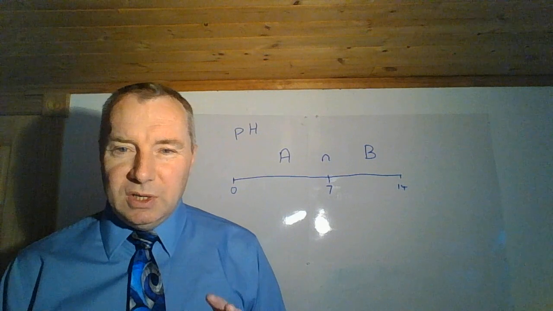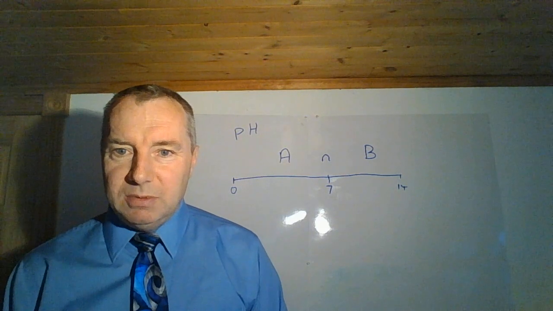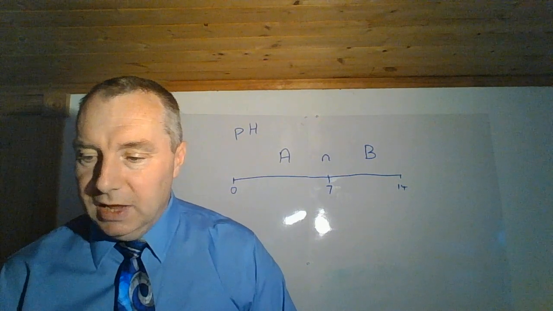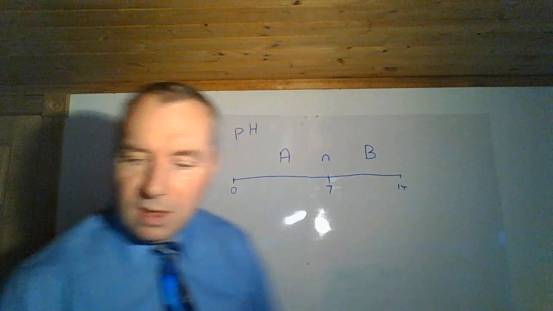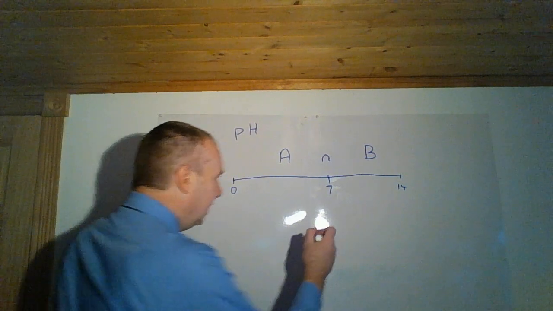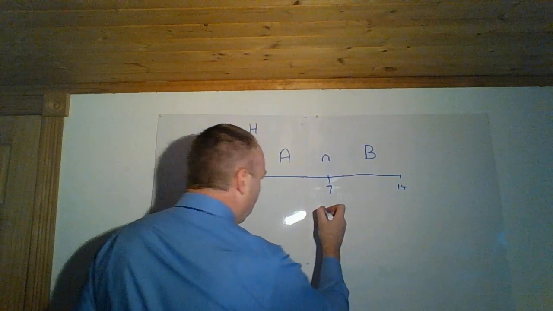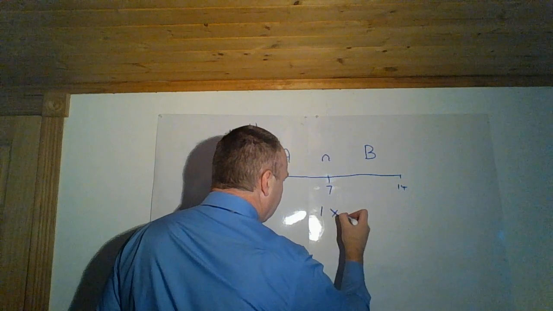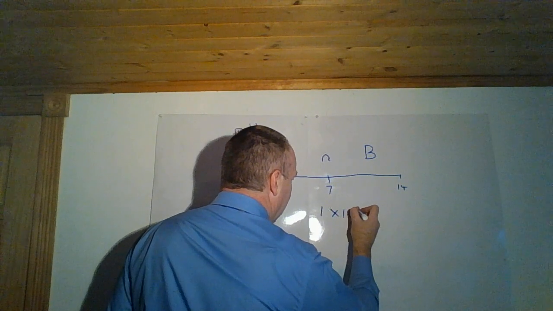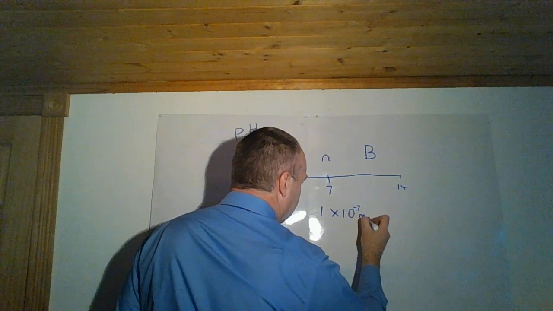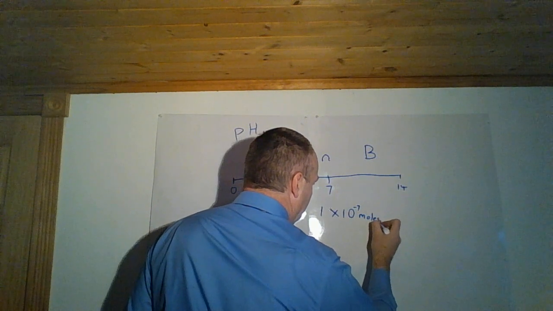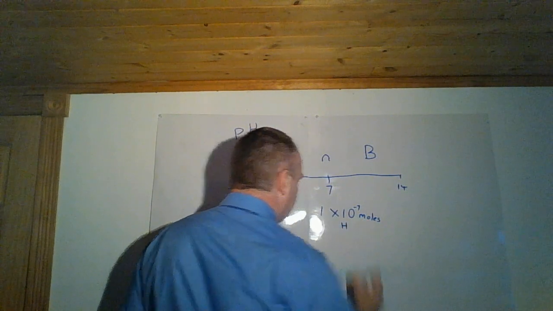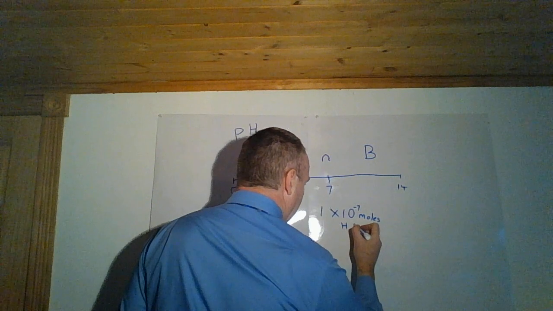This is an inverse logarithmic scale, and this sometimes causes some headaches for people. So 7 is actually 1 times 10 to the minus 7 moles of hydrogen in a liter of water.